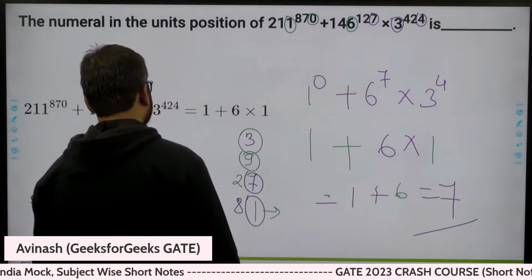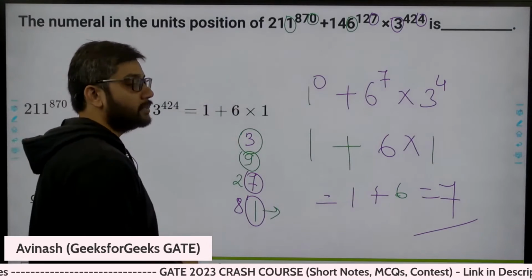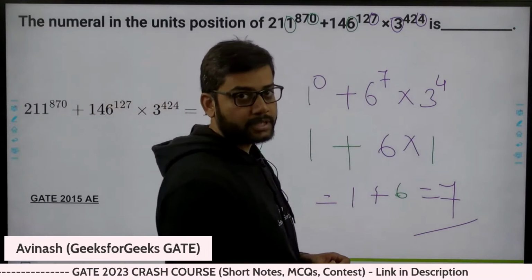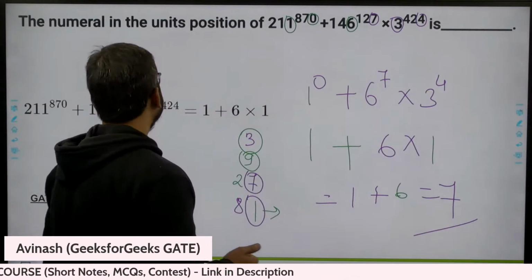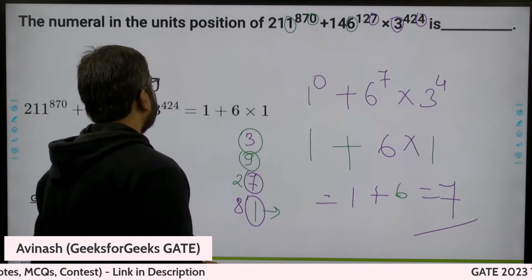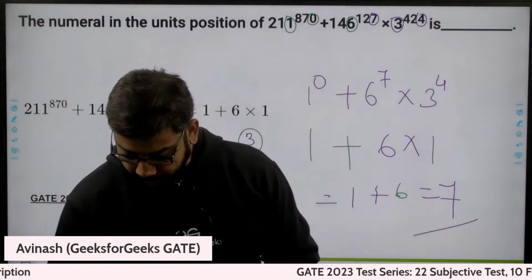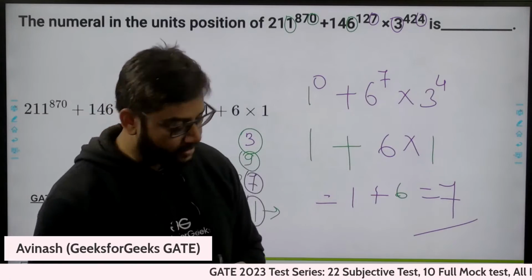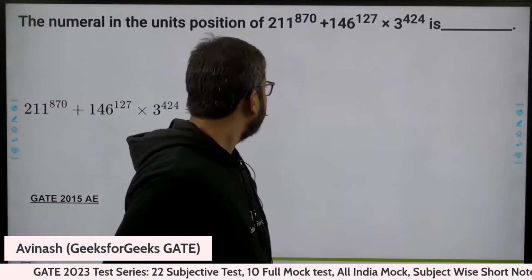This gives you the final answer. This is a fill-in-the-blanks, numerical answer type question, NAT. Answer will be 7. It's an easy question; not all the questions are that difficult. Clear, guys?